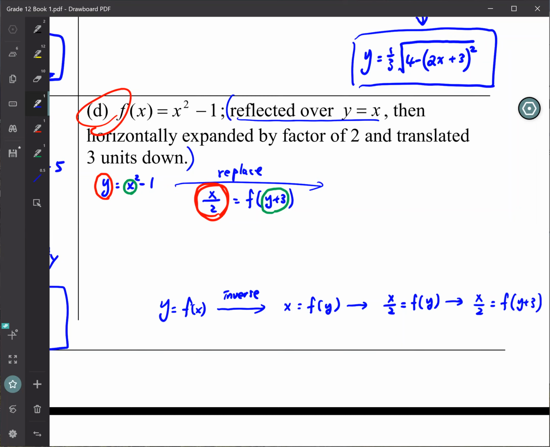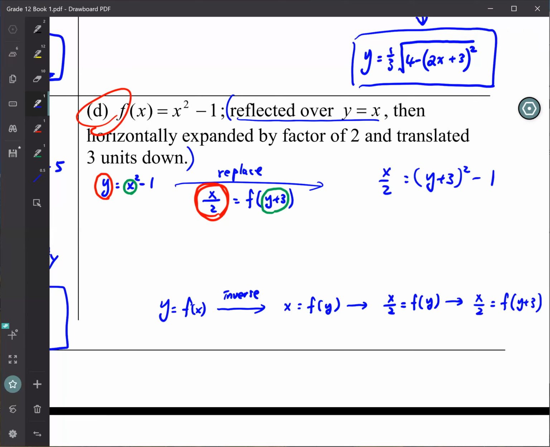You do x over 2 equals f of y plus 3 squared minus 1. No f. You just write y plus 3 squared minus 1. Yes. The f is just for any function, so you don't sub in the f.